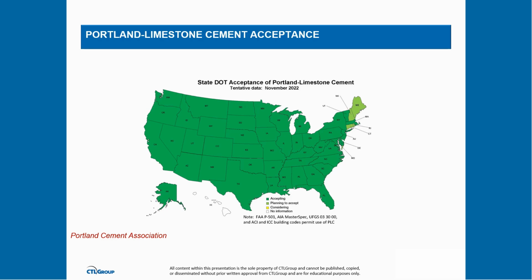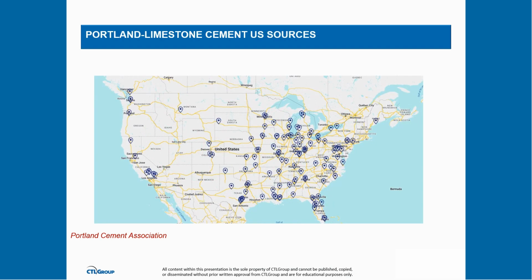And most of the state DOTs are accepting Portland limestone cement in their projects. And you can see like most of the cement manufacturers in the US have switched from the regular ordinary Portland cement to type 1L cement.